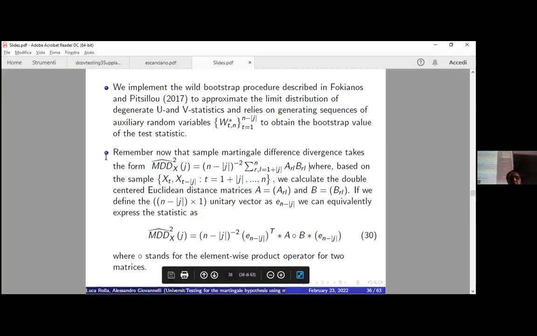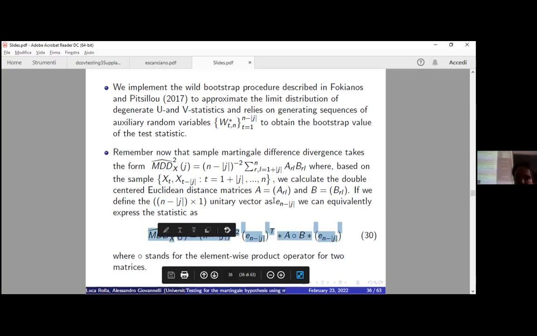We have Euclidean distance matrices. We double center them by row and by column, and then we take the product element-wise and we sum everything up. The way in which we can perform our bootstrap is, intuitively, to re-express the sample version of the statistic like this.